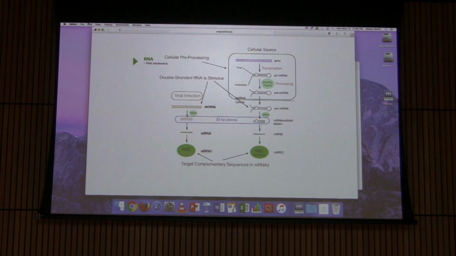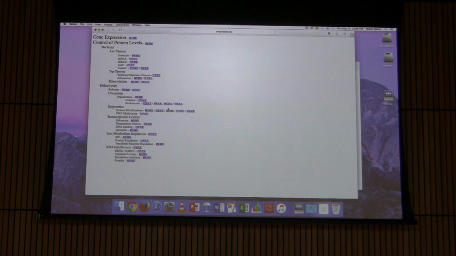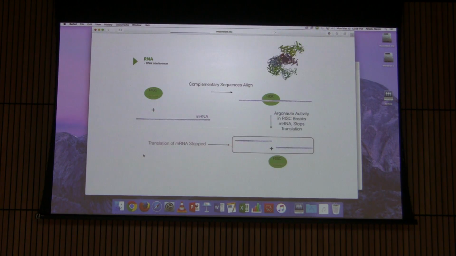What happens at this point? Well, from this point forward, we have our RISC. That could come from the viral sequence, or that could come from the cellular sequence. And there's that complementary sequence. And you say, well, the double-stranded virus is going to have double strands. How does it pair to a single strand?